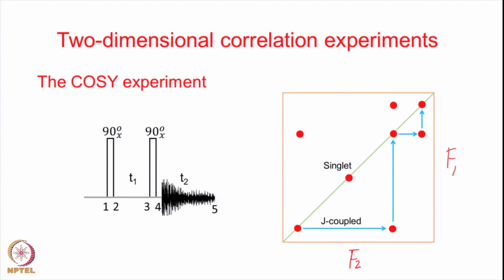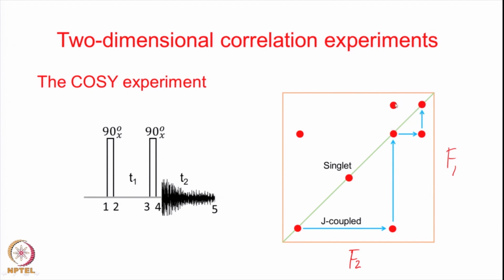Now let us see what is the information here. If you generate peaks like this, I will have a so-called diagonal here. The diagonal will have the same frequency along the F2 and the F1 axis. So all these peaks which are here have the same frequencies whether it is along the F1 or the F2 axis. Then it displays correlations here.